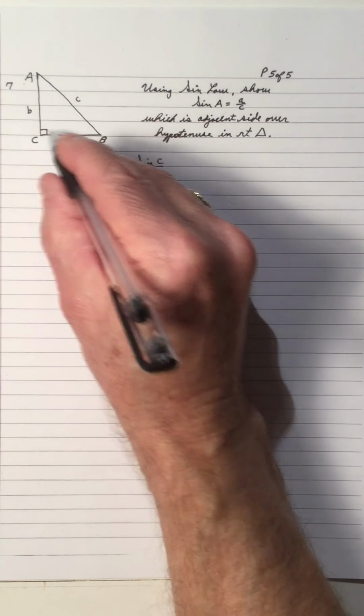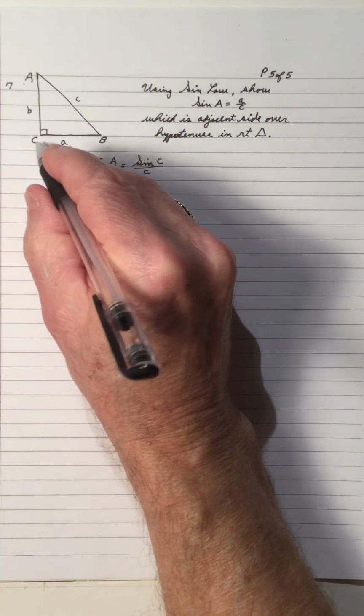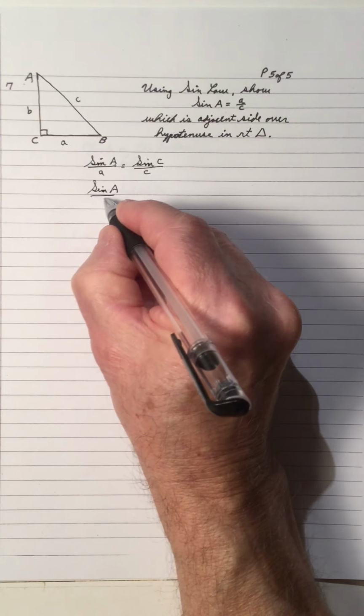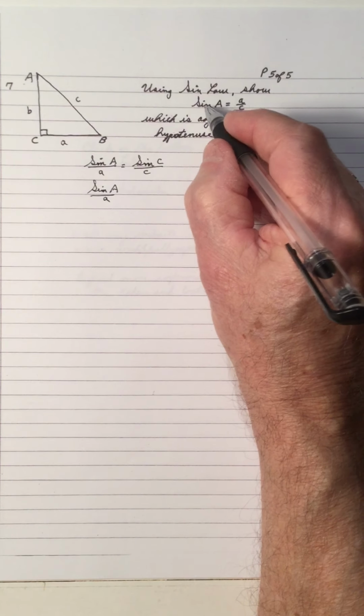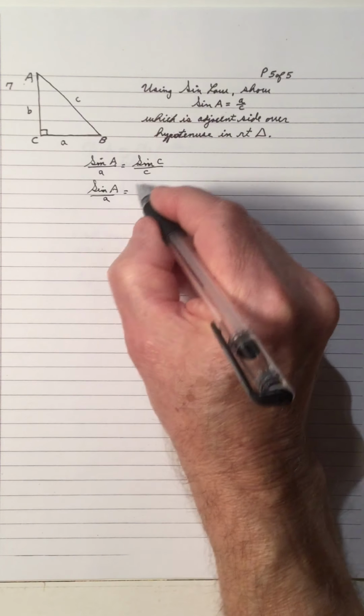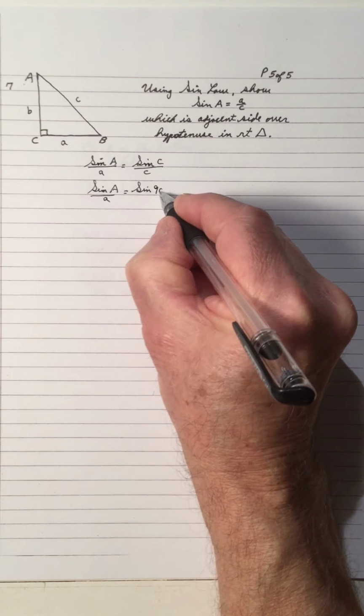But angle A we don't know, over small a, but notice angle C is not missing. So the angle at C is the 90 degrees.